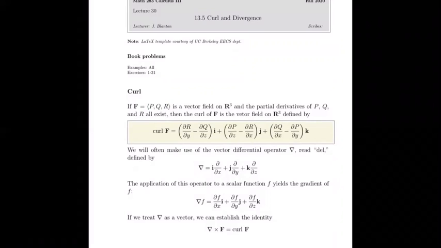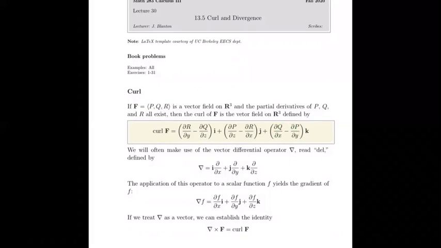The curl of F is the vector we see on the right-hand side: the first component is partial R with respect to Y minus partial Q with respect to Z. Then the second component is partial P with respect to Z minus partial R with respect to X. And the third component is partial Q with respect to X minus partial P with respect to Y. So that is our curl.